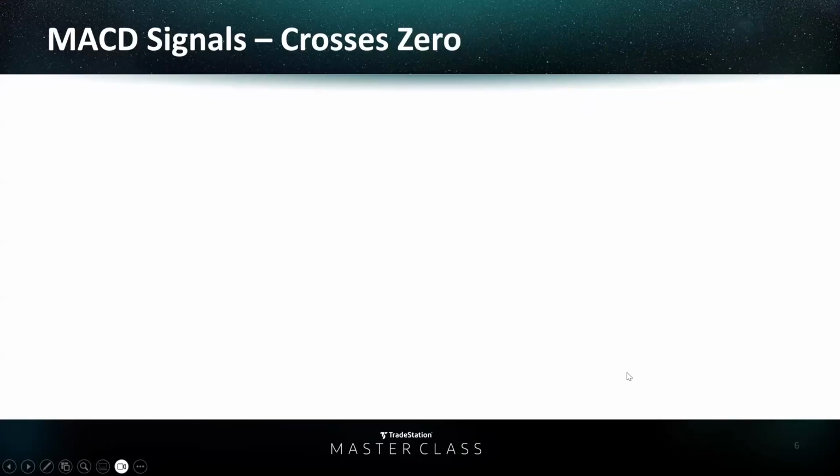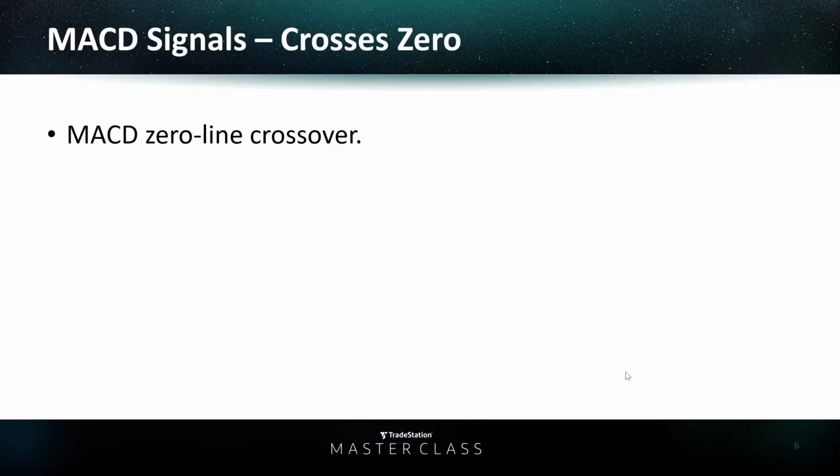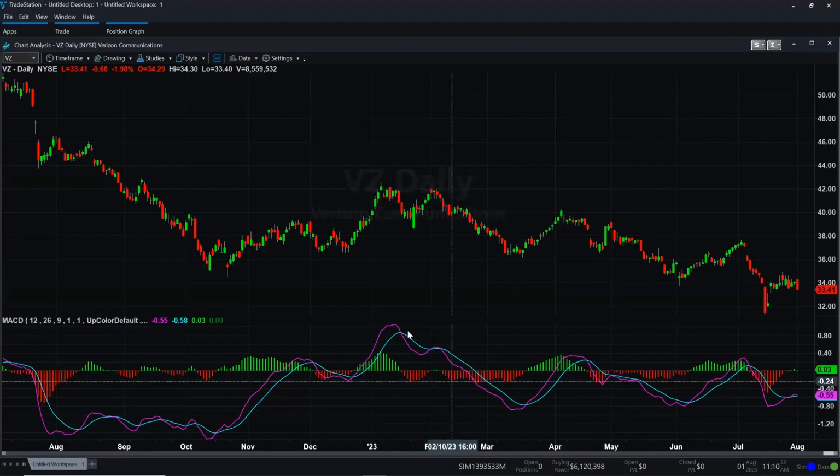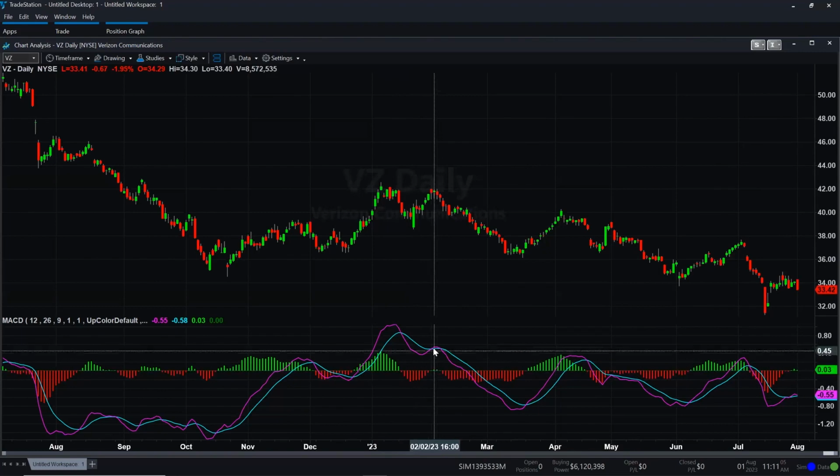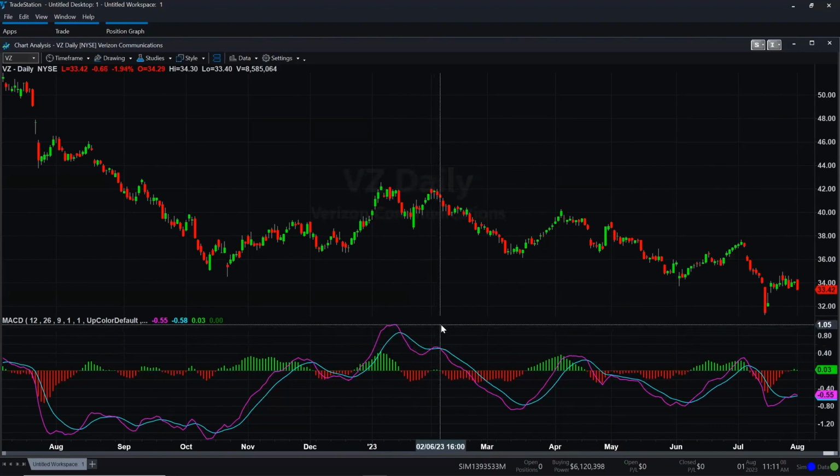There's another signal, which is the crosses zero. Well, in theory, it's the same thing as the two lines crossing over, because if you notice, let me go back here to my chart. Whenever the two lines cross, and we're talking about the MACD line and the signal line, that's when the histogram crosses from positive to negative and from negative to positive. They're very correlated to those crossovers because that's exactly where the histogram comes from.